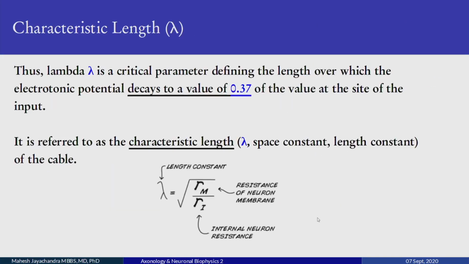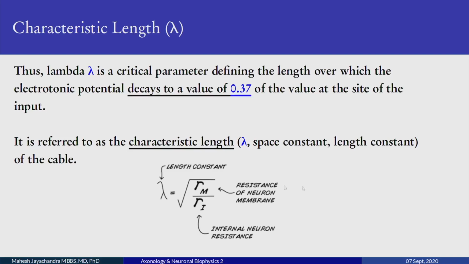Therefore lambda is a critical parameter defining the length over which the electrotonic potential decays to 0.37 of the original value at the site of input. This is referred to as lambda, characteristic length, space length, or the length constant of the cable.